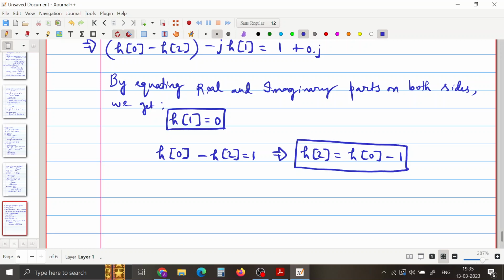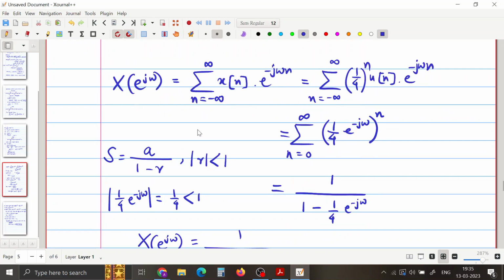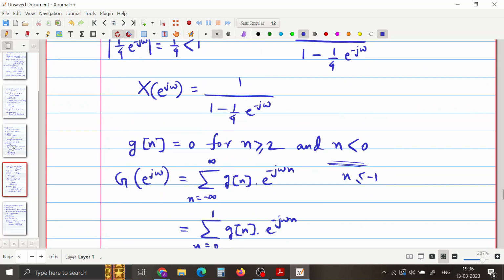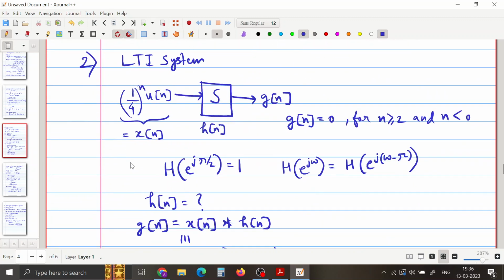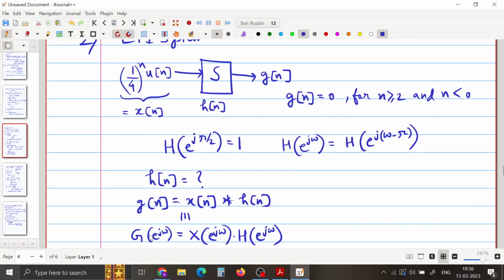Now we are almost done. We just need to find any one of h of 0 or h of 2, and with this relation we can find the remaining one as well. So going back to where we started. Here, we now know that this g of n, small g of n, is the convolution of the input and the impulse response, and the input has been given to be 1/4 to the power n u of n.